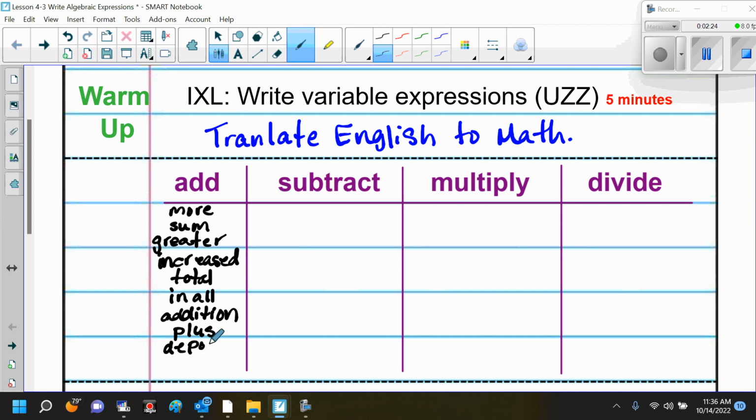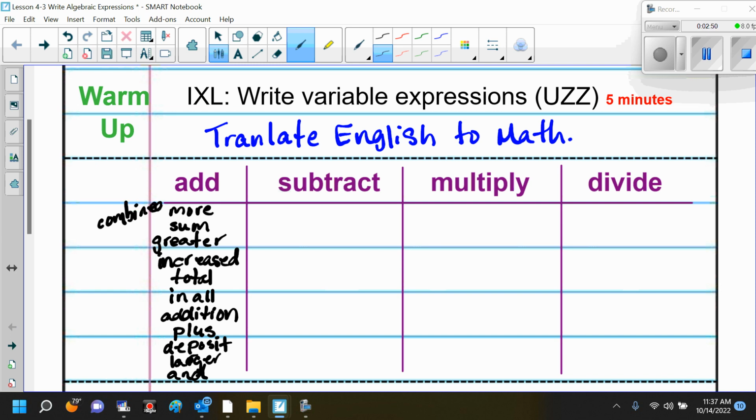Deposit. Okay. Larger. Put that in there. And is one. But remember, sometimes and just means and. Okay? Combine. Okay, let me put that over here. Combine.